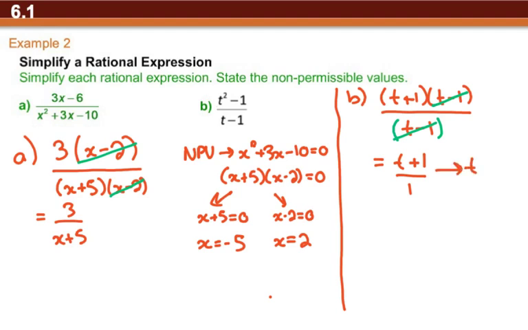You can just leave it as t plus 1. Non-permissible values. We take the bottom, make it equal 0. And with non-permissible values, we do need to always go to the original question. This one's relatively simple to solve. We just need to add 1 to both sides, and we get that t equals 1 as our only non-permissible value here.